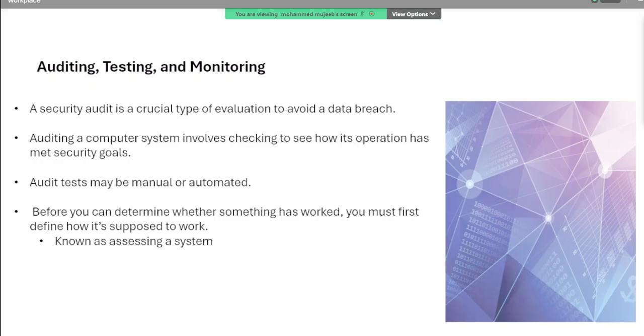Testing and monitoring is continuous. You have to do that continuously. But auditing, you do at specific times, whatever your company wants, like once a year, once a quarter, depending on your systems and depending on your clients.